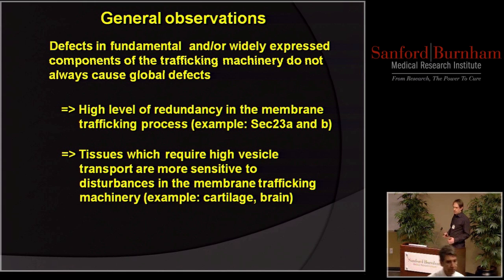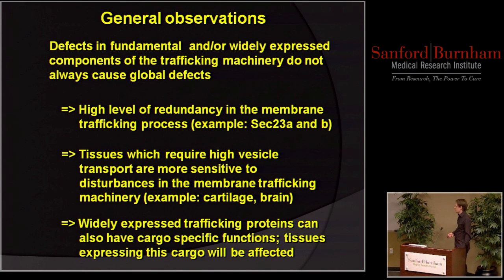Like cartilage and bone, they secrete an enormous amount of proteins to form the rigid extracellular matrix that is needed for their mechanical function. So this means a lot of proteins need to be transported through the cell towards the extracellular matrix, and this would require both isoforms, and when you only have Sec23B, it's just not enough, and you get a phenotype in these tissues.